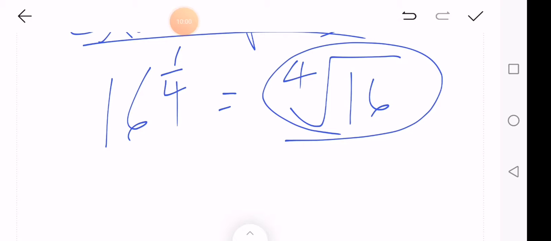We are looking for a number that, when multiplied together 4 times, is going to give us 16. This number tells us how many times we should multiply the number. So the answer here is going to be 2.